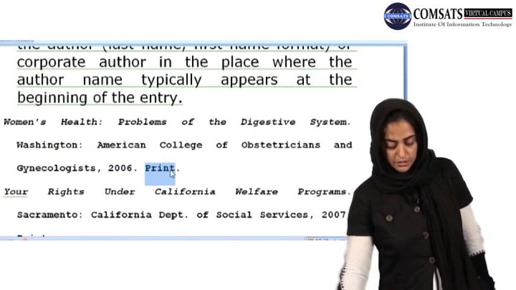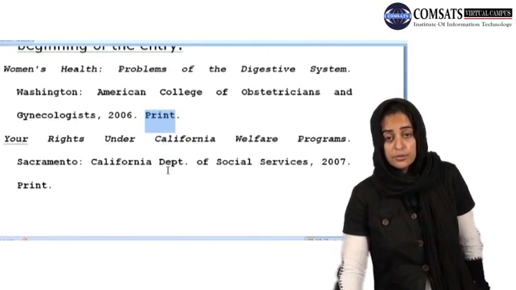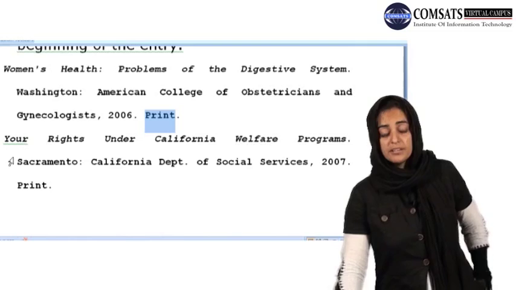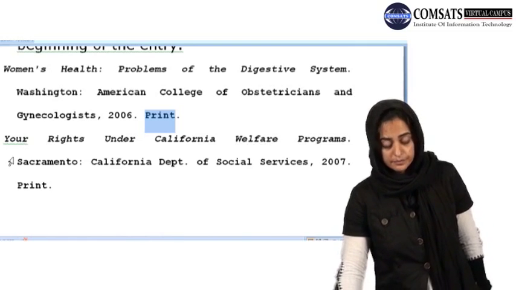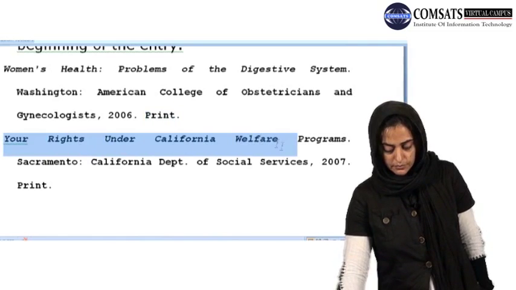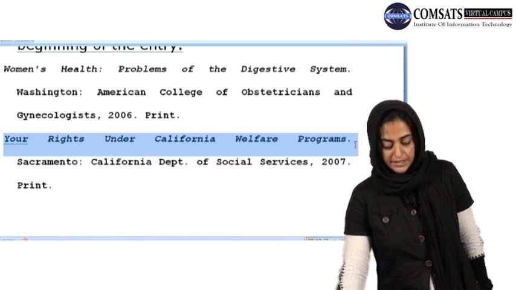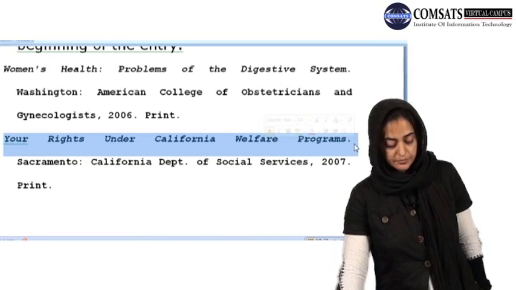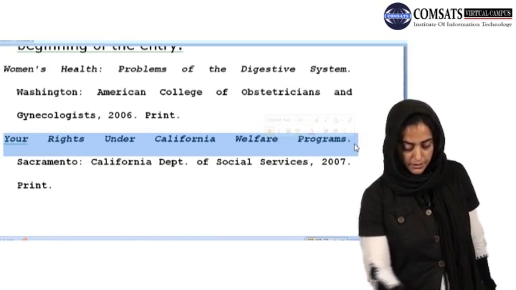Then the next example, dear students, we are trying to create the detailed reference through MLA referencing style for pamphlets. Here, dear students, this is the title of the pamphlet: Your Rights Under California Welfare Programs, dot.